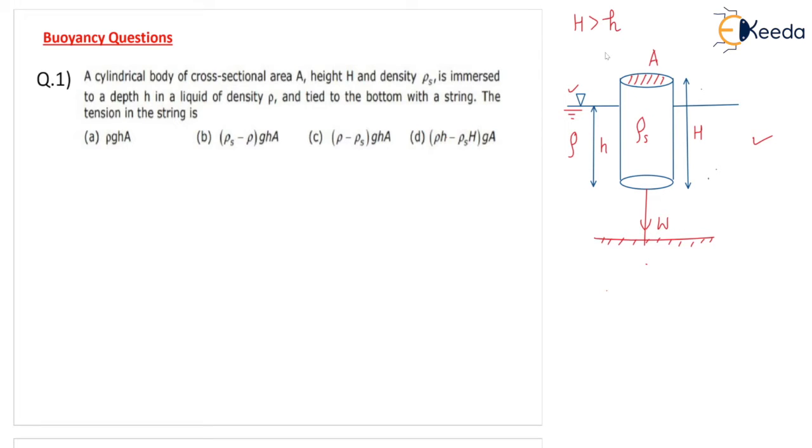Suppose for capital H you write 10 meter, then small h will be less than 10 meter. It may be 9 meter, it may be 8 meter. So capital H is the full height, and the immersed part is only small h, which must be smaller than capital H.